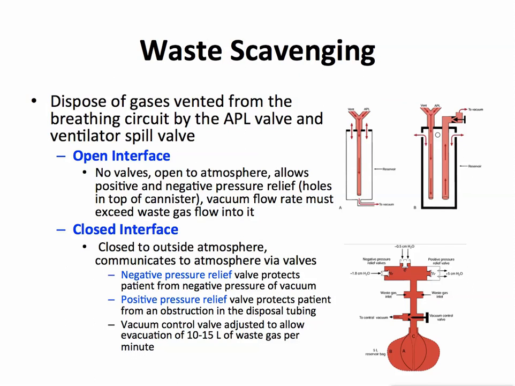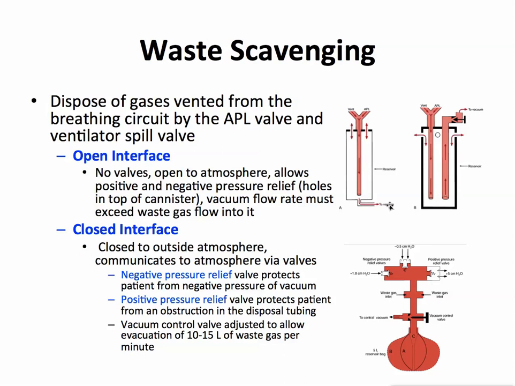We don't think much about the waste scavenging system, but this is the system that disposes of gases that are vented from the breathing circuit via the APL valve, if we're bagging the patient, or the ventilator spill valve, which goes then into this reservoir, which has holes in it so that we can have gas leak into our breathing air around us, and occasionally we can smell gases if they leak out.